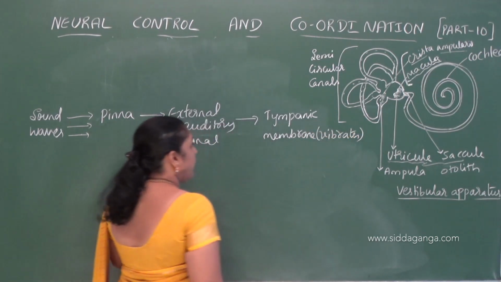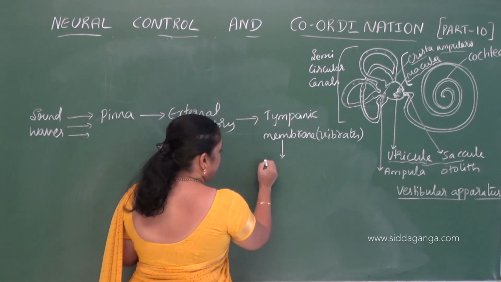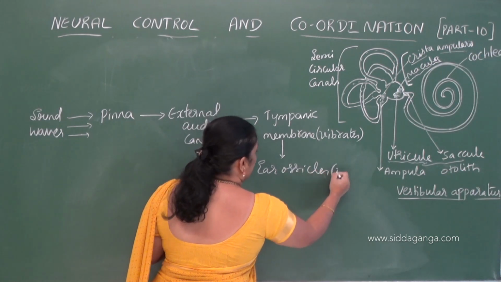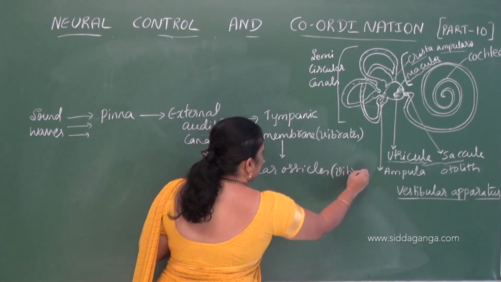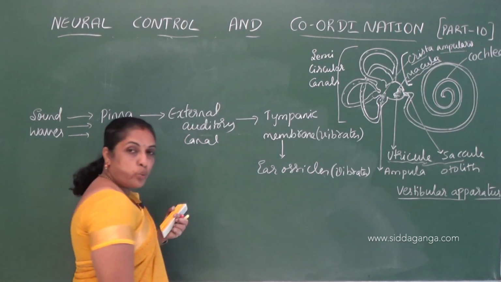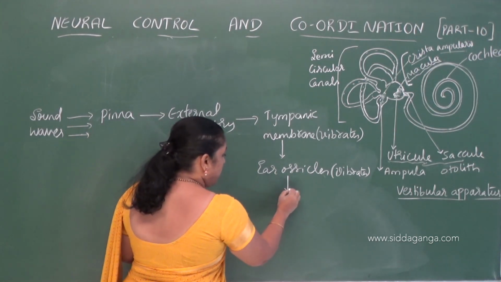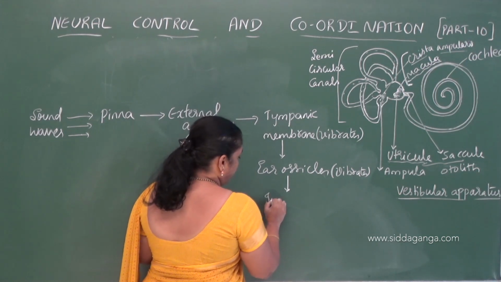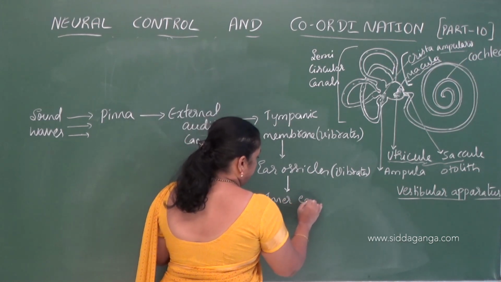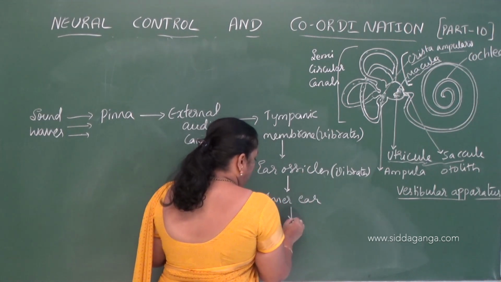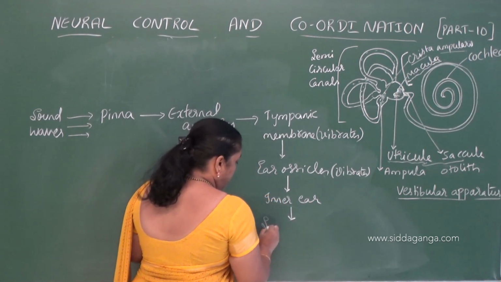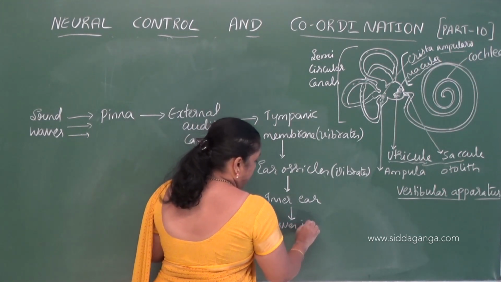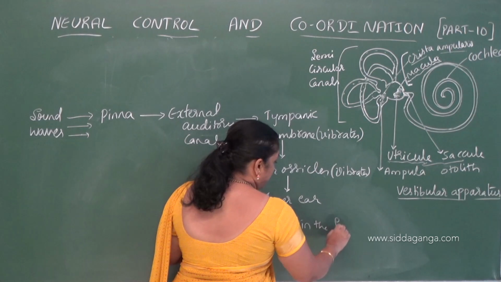The tympanic membrane vibrates and transfers to the ear ossicles. The ear ossicles, that is malleus, incus and stapes, are going to vibrate. From the ear ossicles it reaches the inner ear. From the inner ear it produces waves in the fluid.